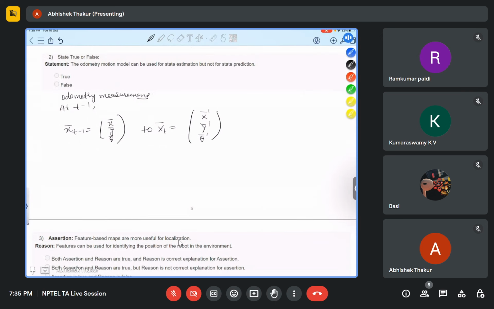In the odometry motion model algorithm, we have to compute the probability that the robot is in xt, given the action ut and the previous position and orientation of the robot xt minus 1.